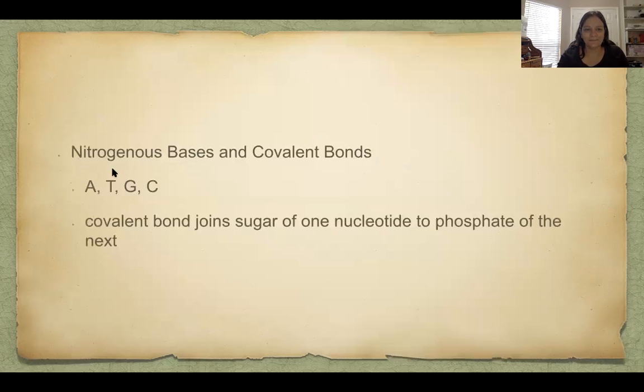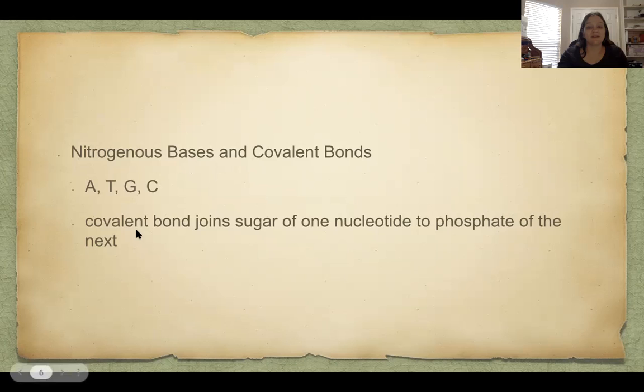Okay. There are 4 nitrogenous bases that we find in DNA. They have names, but we're just going to call them by their letters. A, T, G, and C. A is adenine, T is thymine, G is guanine, and C is cytosine, if it matters. But they're probably listed out in your book, so you can see those if you need the full names of them.